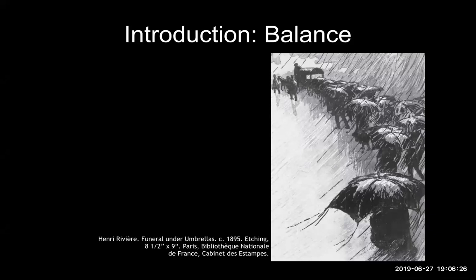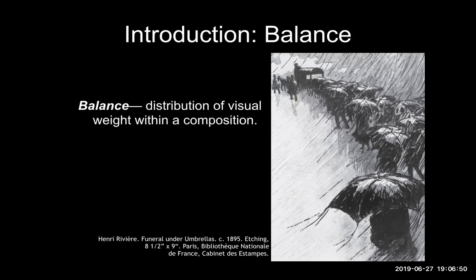So even though this is technically an unbalanced composition, there are techniques you can use to make it appear more balanced and to keep the viewer from having this sense of unease. Because as people, we like things to be balanced.